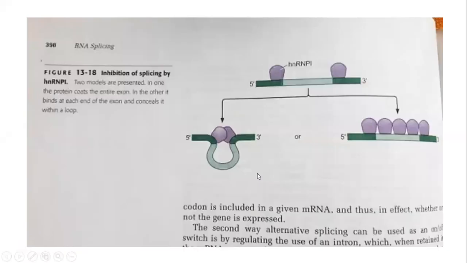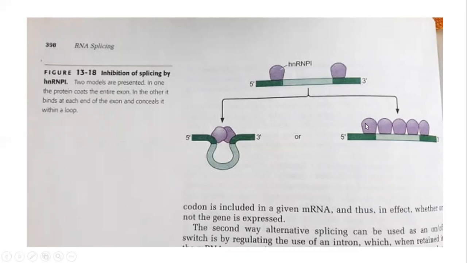There are also some inhibitors I mentioned earlier. Those are known as RNA repressors. These are heterogeneous ribonuclear proteins, and one example is HNRNP1. These bind to two different splice sites, the 5' splice site and the 3' splice site, and they help by two processes.